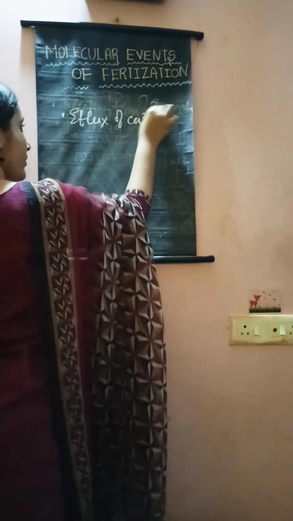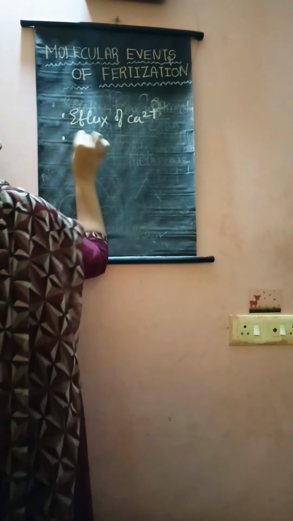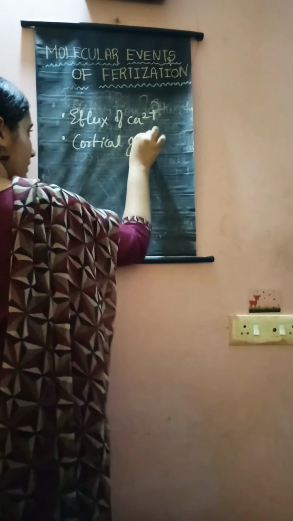If this has to take place, when the sperm fuses with the egg, there must be an efflux of calcium ions from the sperm. This efflux of calcium ions will activate the cortical granules.